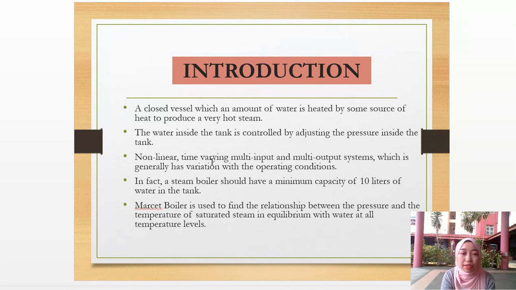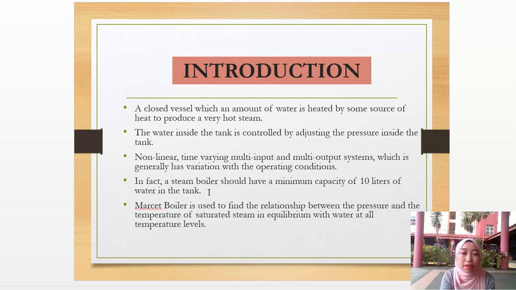A steam boiler system is also a non-linear, time-varying, multi-input and multi-output system, which generally has variation with the operating conditions. In fact, a steam boiler should have a minimum capacity of 10 liters of water in the tank.